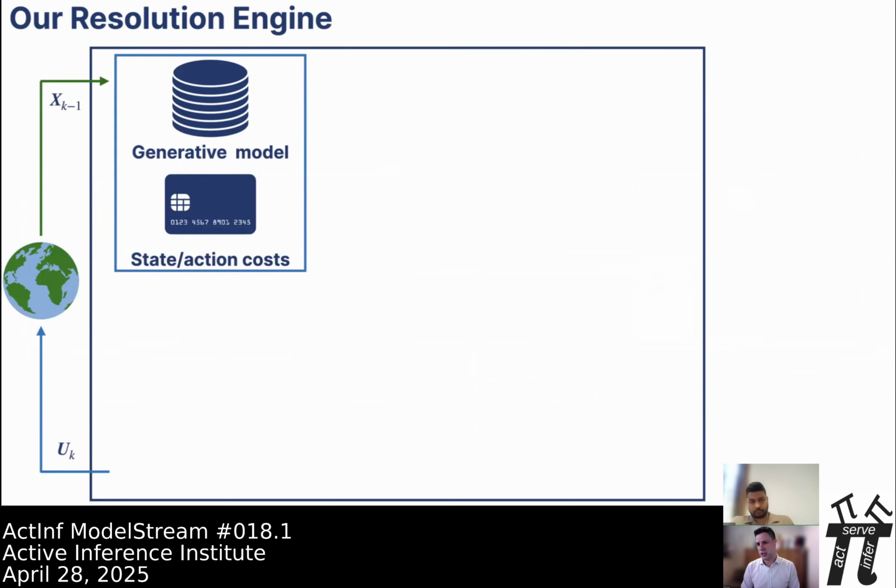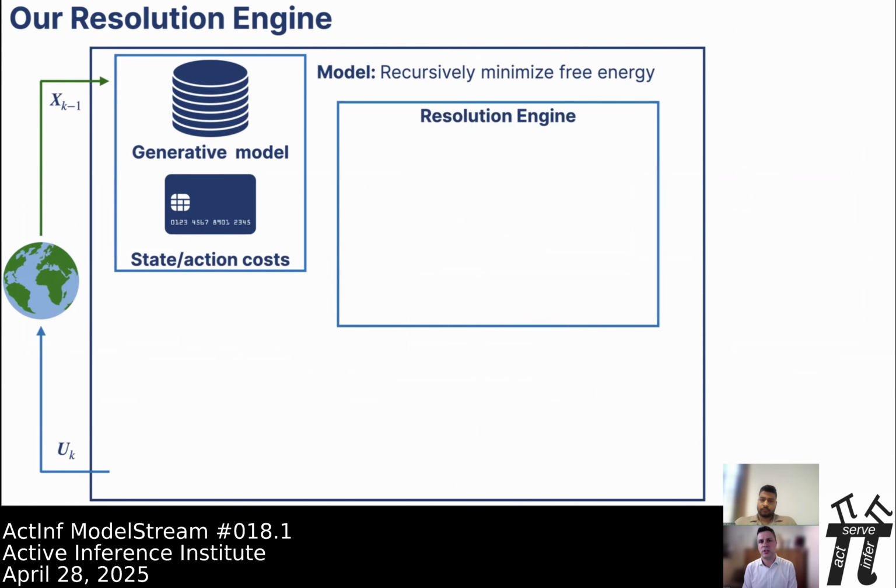In a nutshell, the agent, which we are now exploding to give a little more detail, gets x_{k-1}, the current state, beliefs or observations, and uses the generative model and the state cost. It will compute a policy, and the policy will be computed by minimizing in a recursive way the variational free energy, the max variational free energy.